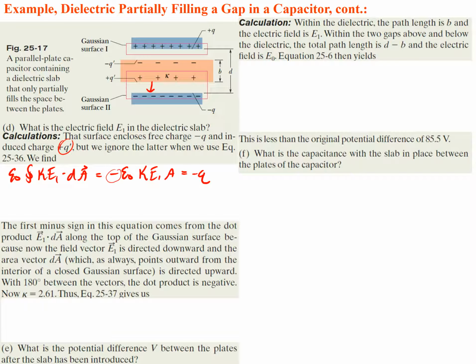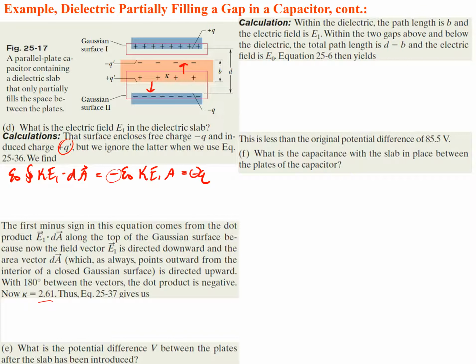All right, so now that we know that our kappa is 2.61, this equation is going to give us, going back, rewriting, Q divided by epsilon naught kappa times A. That's just going to be our original electric field divided by kappa.